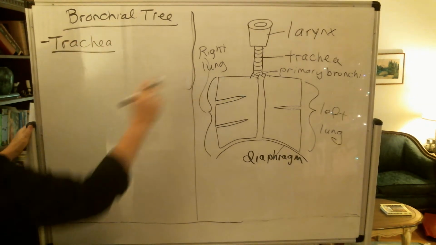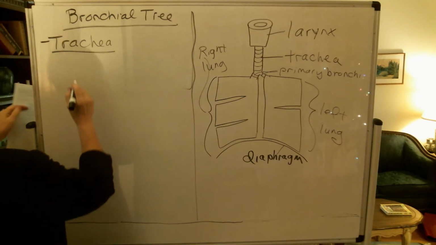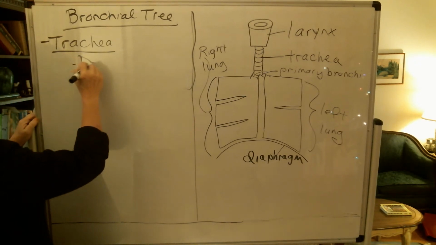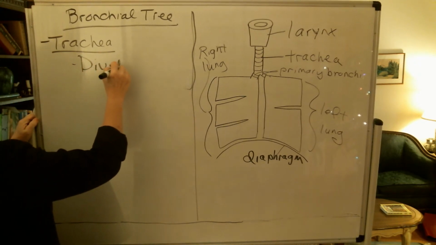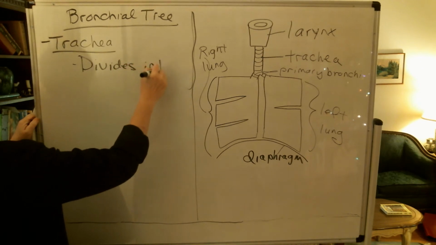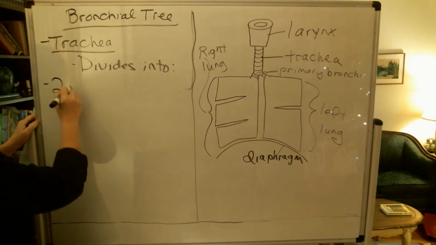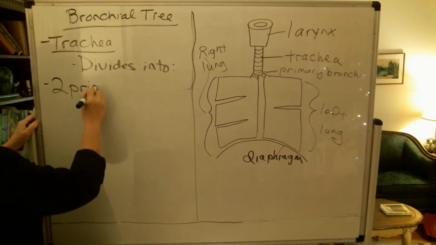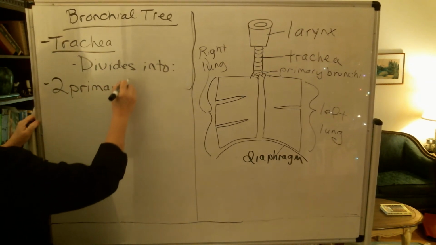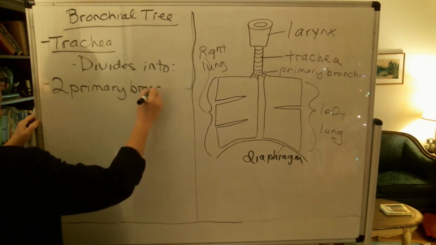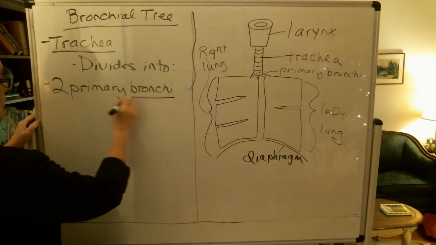So the trachea, as you see in that picture there, divides into two primary bronchi.